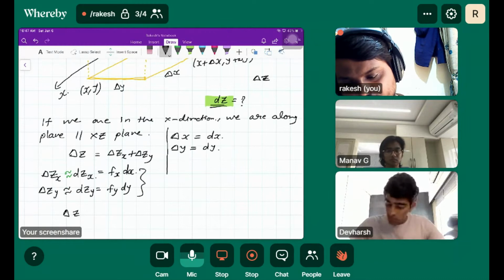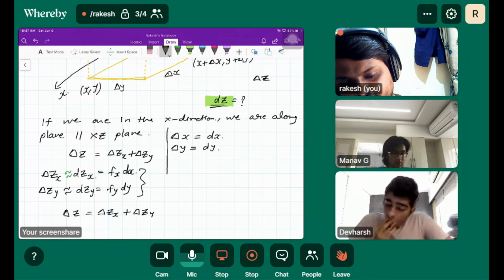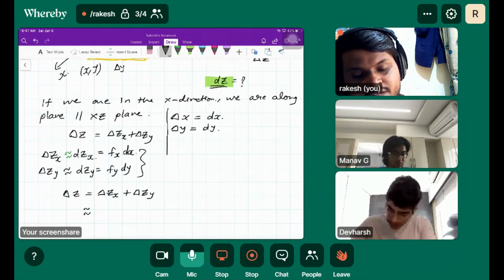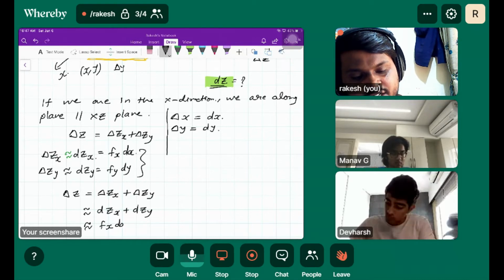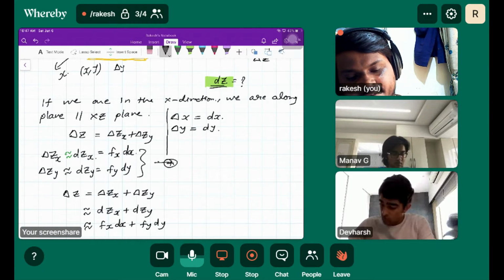Now, what is delta z? Delta z is equal to delta zx plus delta zy, right? And this is approximately equal to dzx plus dzy, and this is approximately equal to fx dx plus fy dy. I'm taking all these terms from the star.